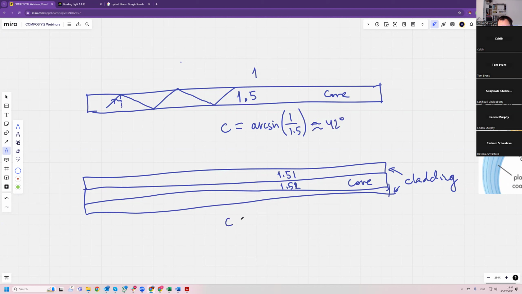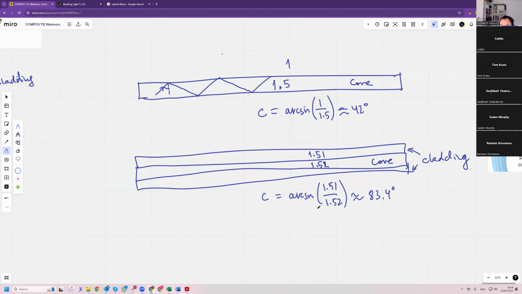Here, the critical angle is arc sine of 1.51 over 1.52, which is approximately, I'm guessing, 88 degrees. Arc sine of 1.51 divided by 1.52 is 83.4 degrees. So by introducing the cladding, we're increasing the critical angle.